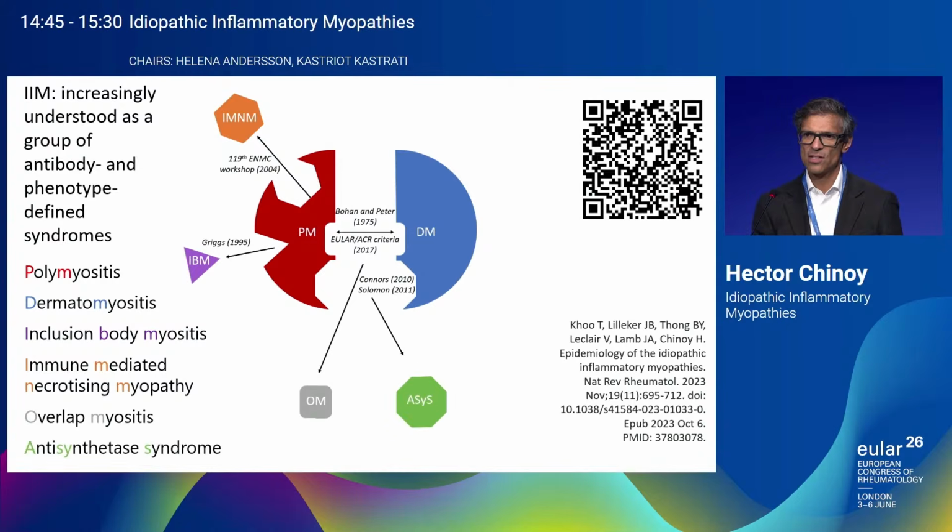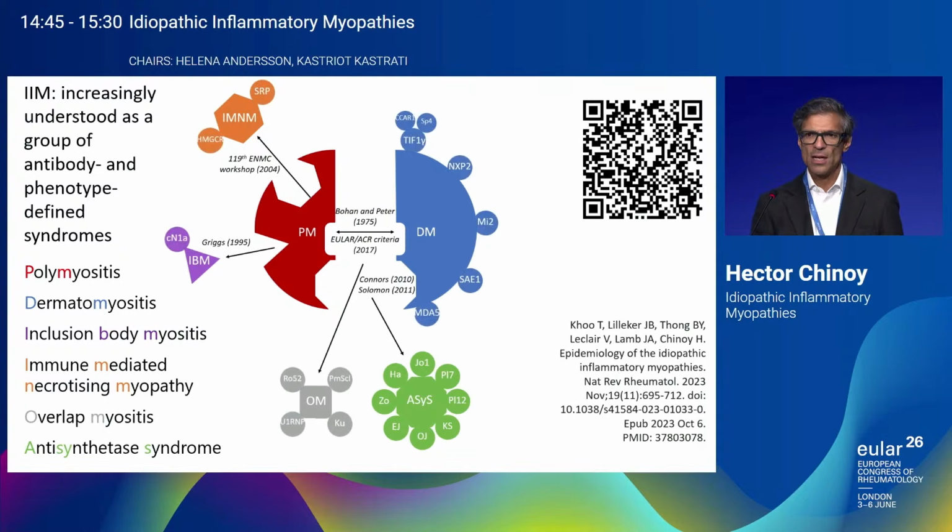And once you've taken these conditions away, you're not left with very much that you would define as PM. So one thing to take away from today's talk is try not to refer to your patients as having polymyositis, but think about specifically which clinical subtype they've got, and also which antibody is associated with these particular conditions.